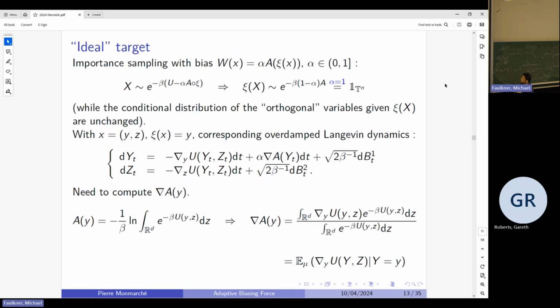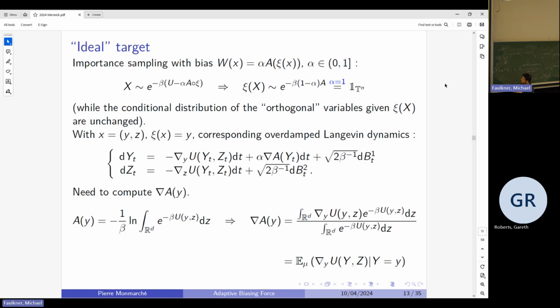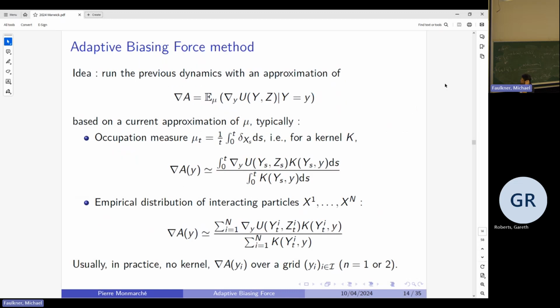This is a force which you have already computed because, when you do the Euler scheme of that dynamics, you compute this drift, or at least a stochastic gradient approximation of it. So you have some approximation of this anyway. If you really run that, you have computed it, so you can just keep this integral in memory, and you compute that.